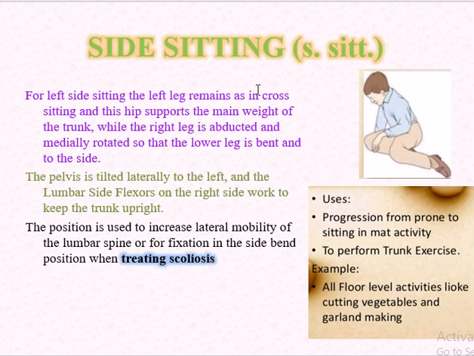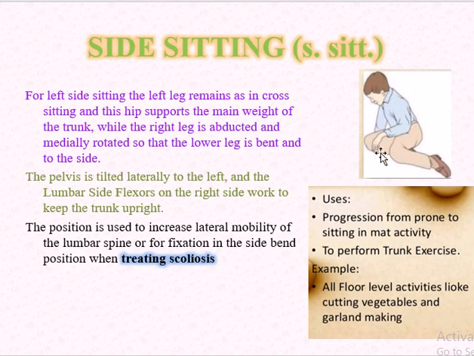Side sitting. For left side sitting, the left leg remains as in cross sitting and this hip supports the main weight of the trunk, while the right leg is abducted and rotated so that the lower leg is bent to the side.